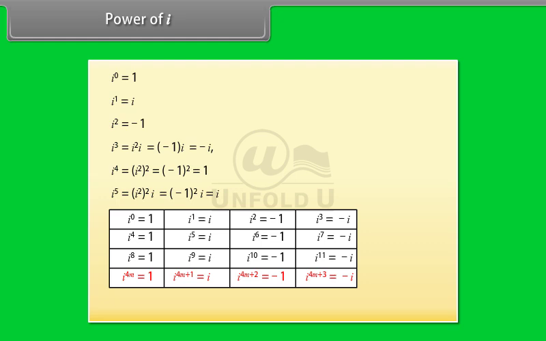minus 1 square is equal to 1. Iota raised to power 5 is equal to square of iota square into iota is equal to minus 1 square into iota is equal to iota. Look at the table. We can see that iota raised to power 4m is equal to 1.